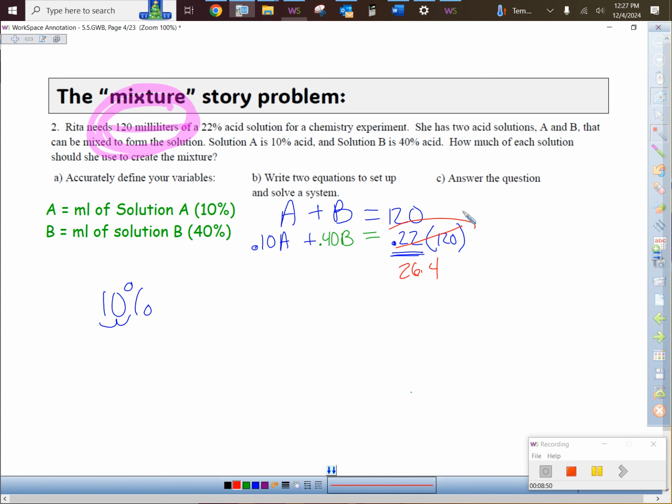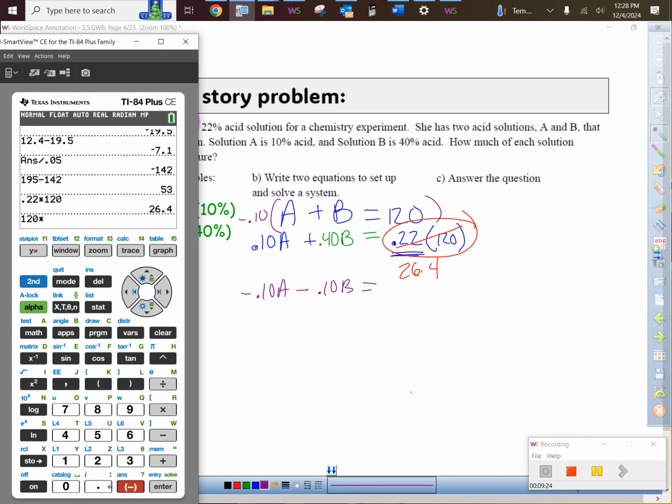How would you solve it? Substitution or elimination? Elimination. Let's cancel the A's. Let's take this bad boy times negative 0.10. And then 120 times negative 0.1 is negative 12.